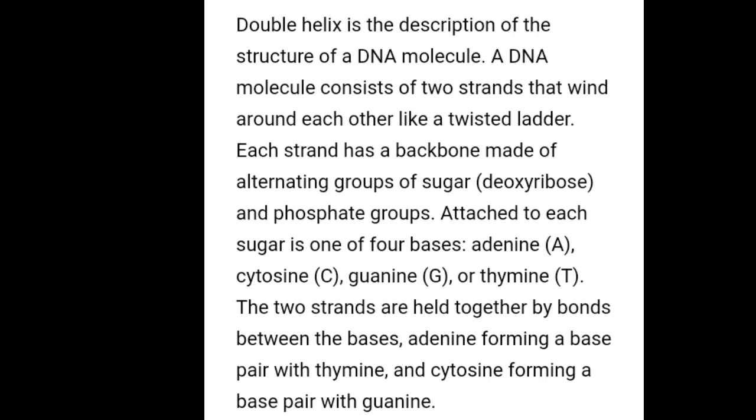Okay friends, do you understand it or not? The distance between the two helices is 20 angstrom, and the distance between two base pairs is 10 angstrom. Please mind it.